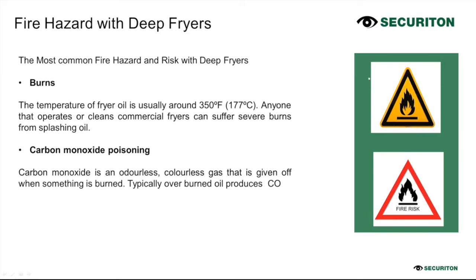When something is burnt, typically overburned oil produces CO, carbon monoxide. Commercial fryers have a special vent to help divert the poisonous gas to the vent hood. But in the event that the ventilation hood or the fryer exhaust malfunctions, the carbon monoxide can be in the room itself.